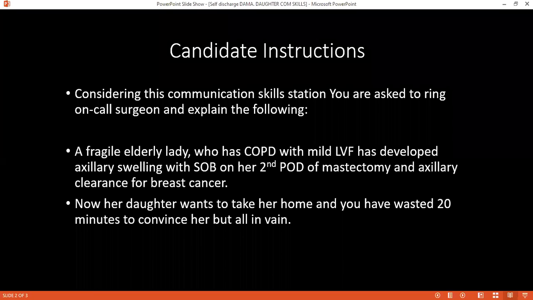Okay, sir. An elderly lady, 78 or 70 years old, had a mastectomy 2 days back and axillary clearance done due to breast cancer. Now she has developed swelling in the axillary region and shortness of breath, and she is a known case of COPD.